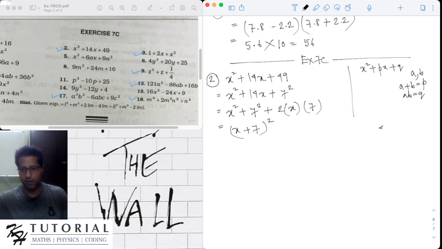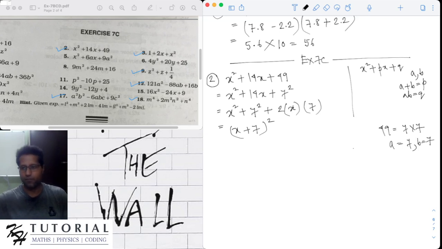So 49 is equal to 7 into 7, and I can clearly see that 7 plus 7 is equal to 14. So if I apply the concept of the quadratic trinomial, finding a and b, then I can see that a will be 7, and b will be 7.